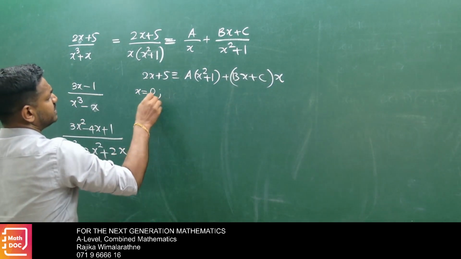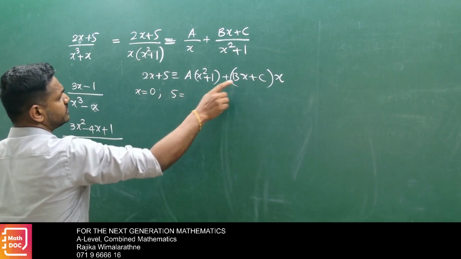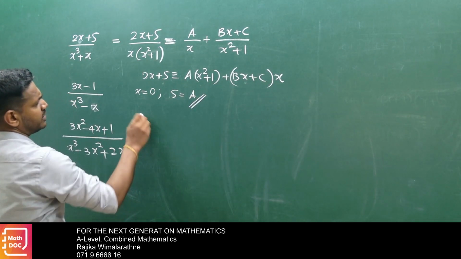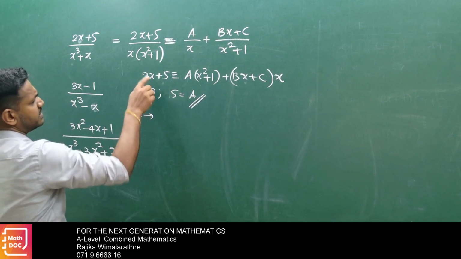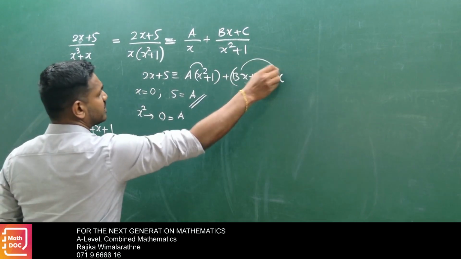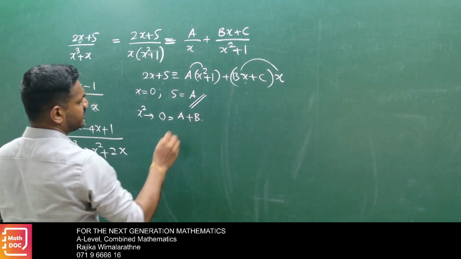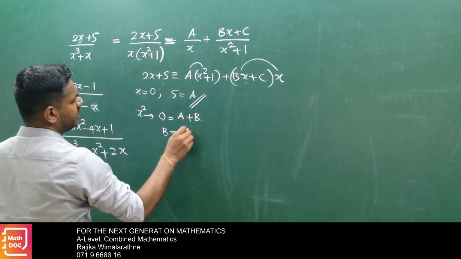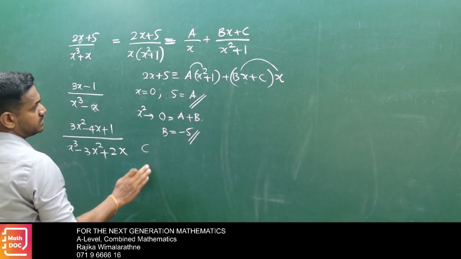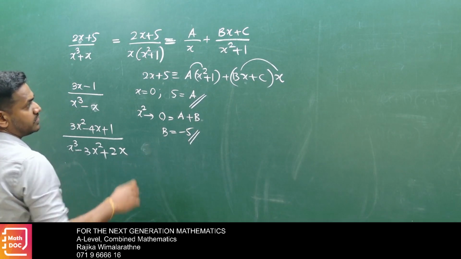Substitute x equals 0, here 5, here a. Then you better equate x squared coefficient, here 0, here a plus b. B equals minus 5. Then constant, okay, no?